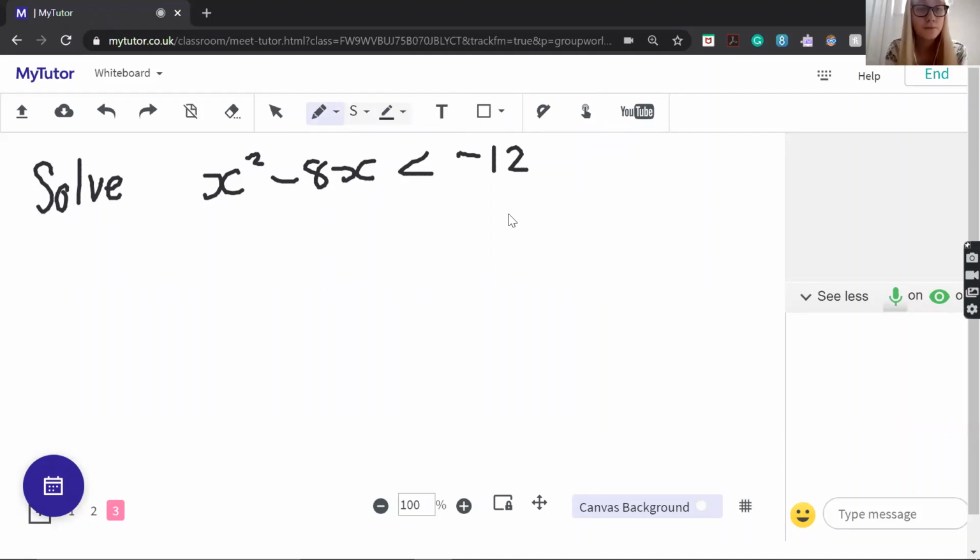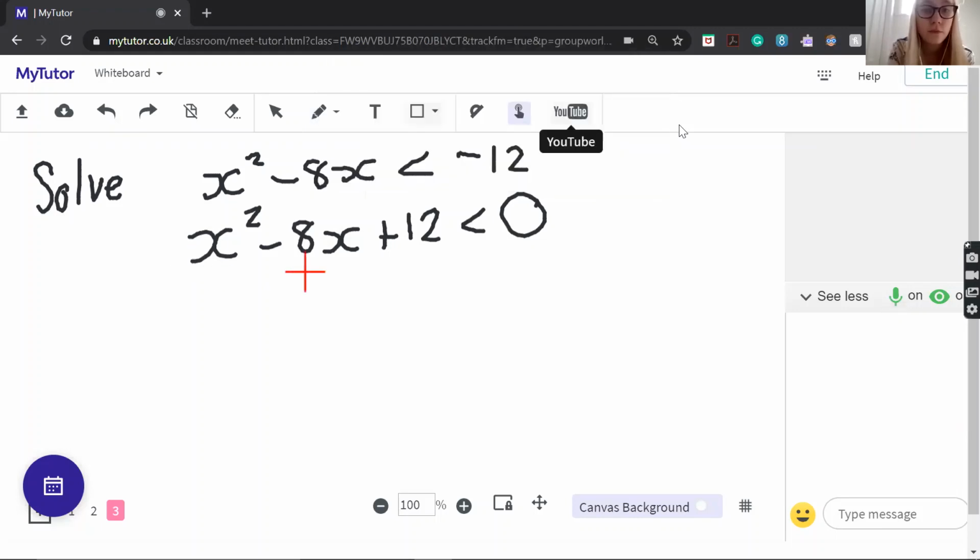So just like if this was an equal sign, we want the right-hand side to be 0. That's because when we have a quadratic, we can work with it better when something is equal to 0. So all we're going to do is carry this 12 to the other side. With an inequality, we're allowed to do that, so we add 12 to both sides.